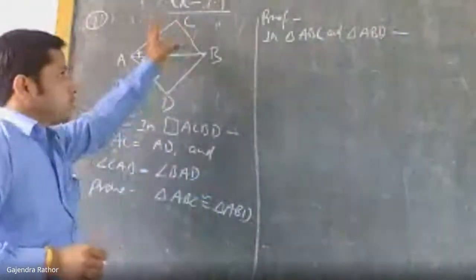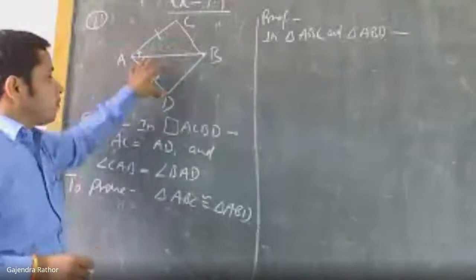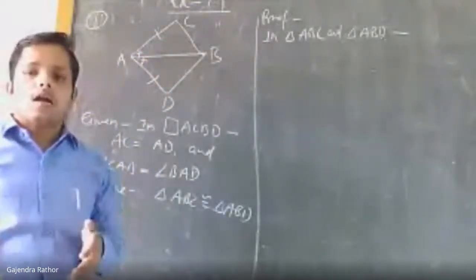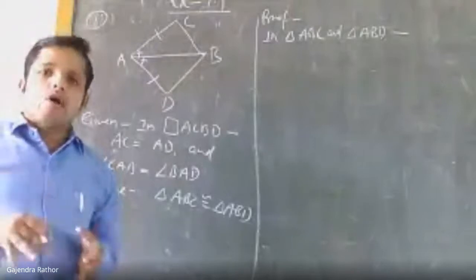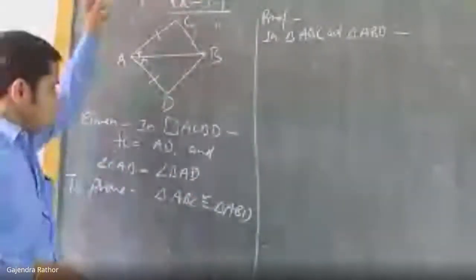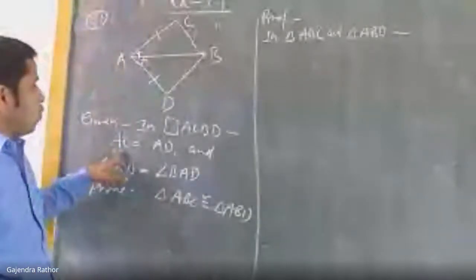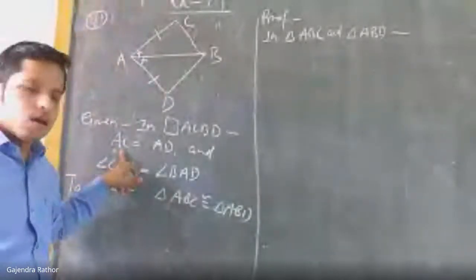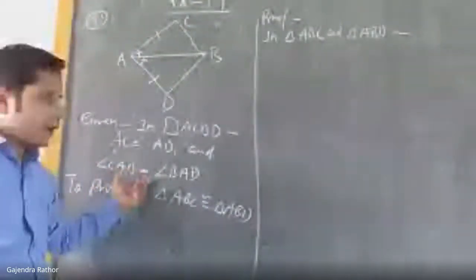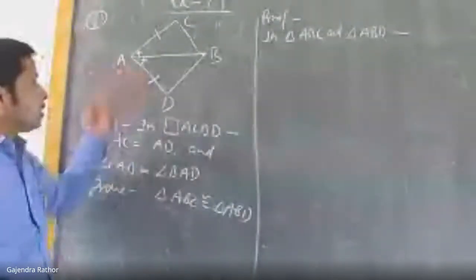So first, observe the figure and the given, which parts of these triangles are equal, and based on this we can select the congruence criteria. We are seeing here one side is given that is equal, one angle is given. And what is the other thing?